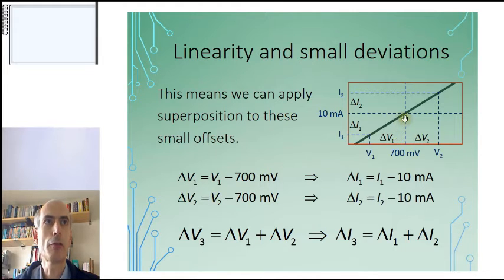The effect of the first change in voltage is to cause a change in current of delta I1. The effect of the second change of voltage is to change the current by delta I2.